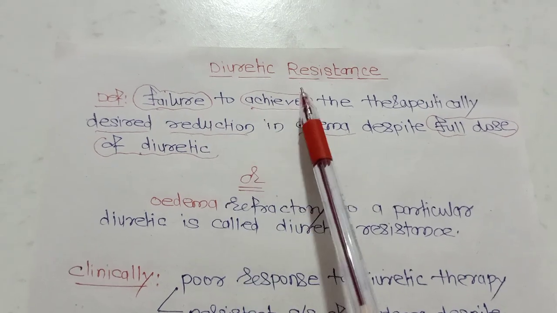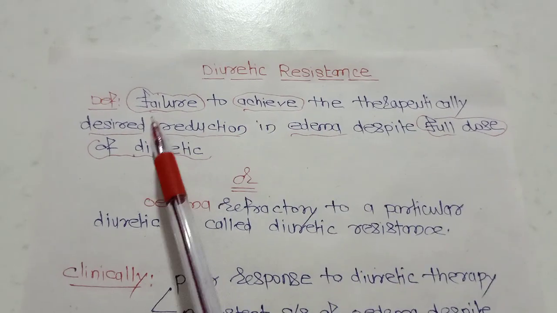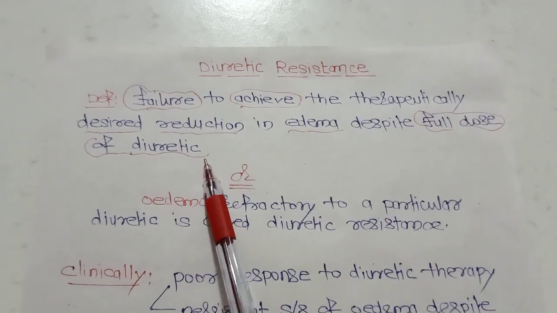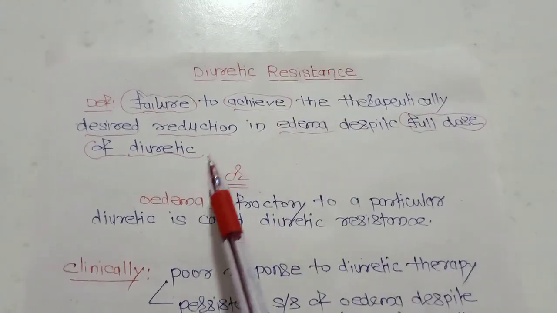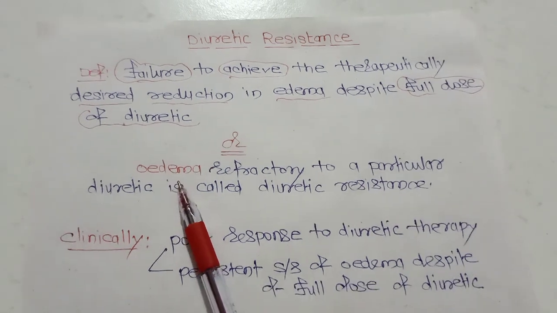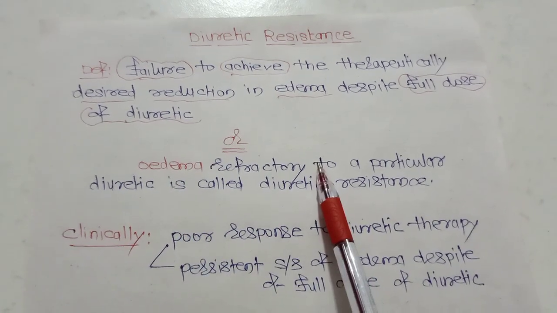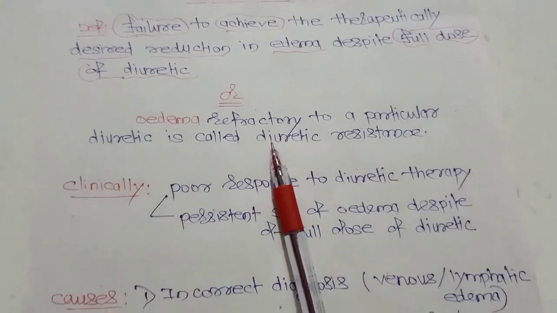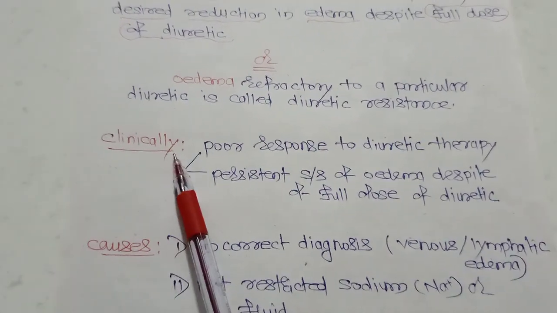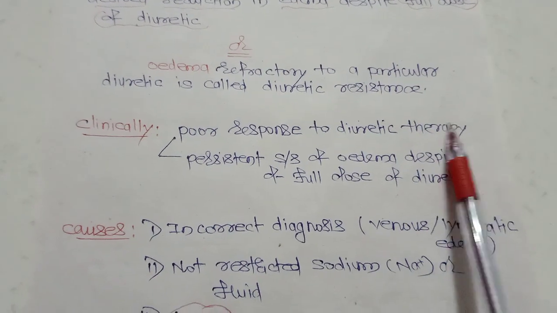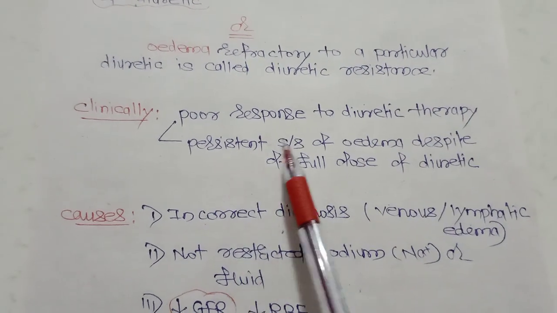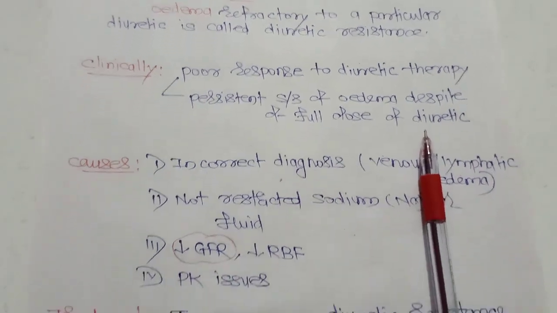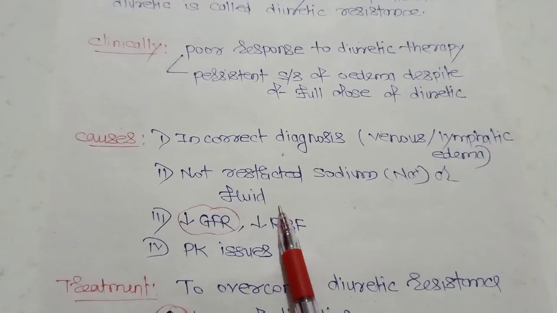That is called diuretic resistance, or in simple words, refractory edema to a particular diuretic. Clinically, we can say that poor response to the diuretic therapy and persistence of signs and symptoms of edema despite full dose of diuretics. Now, what are the various causes?